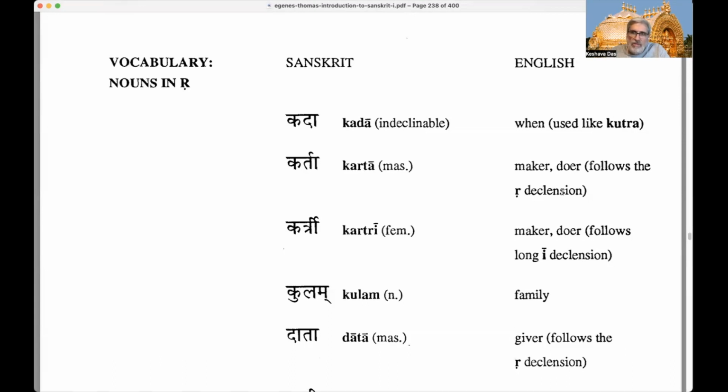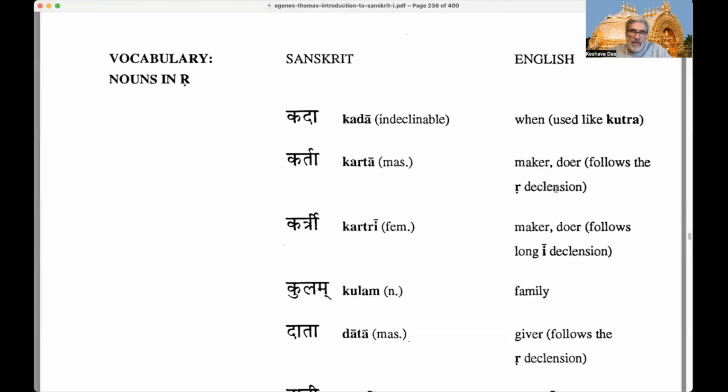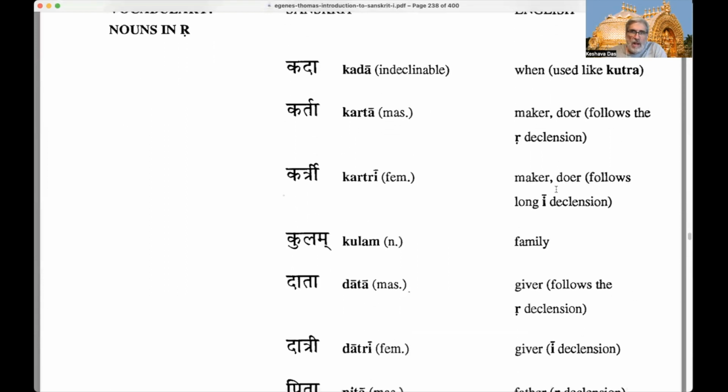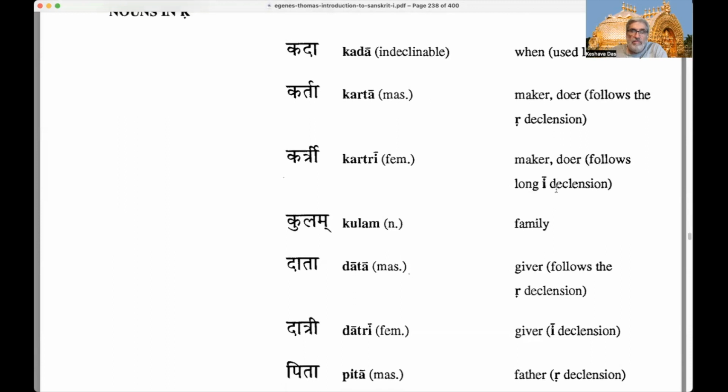So it follows the ri-declension that we just discussed with matri, pitri, svasri, datri, bhratri. It's a doer of action.